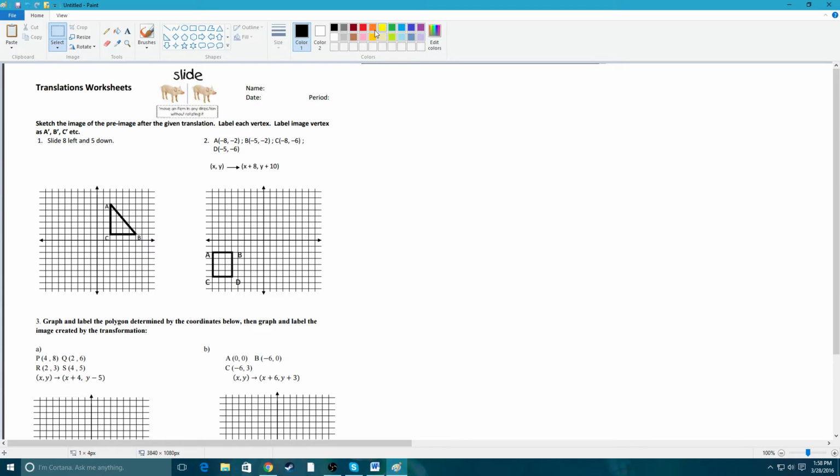I'm going to start off with this thing, A. The corners of this, when you see these letters A, B, and C, are called the vertices. The vertices are basically just the corners.